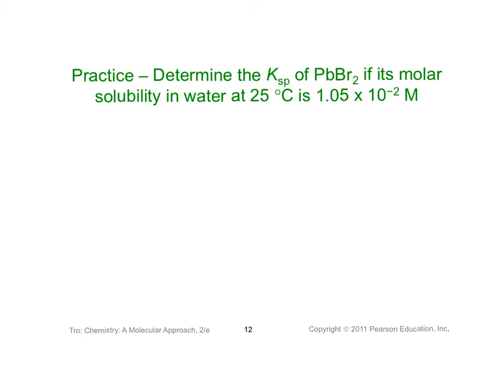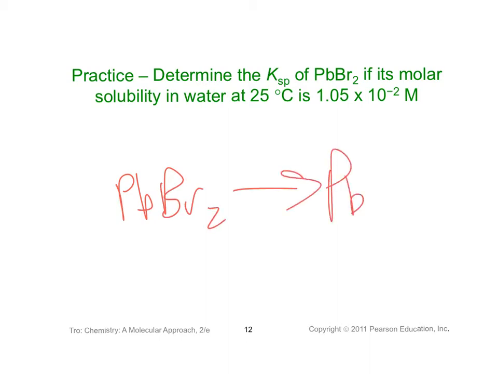So a quick practice: the Ksp of PbBr2, if its molar solubility in water is 1.05 times 10 to the minus 2. Well, we know that PbBr2 goes to Pb2+ and 2Br-. And so this is going to be S and 2S.